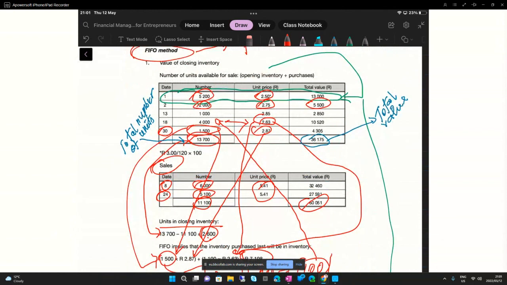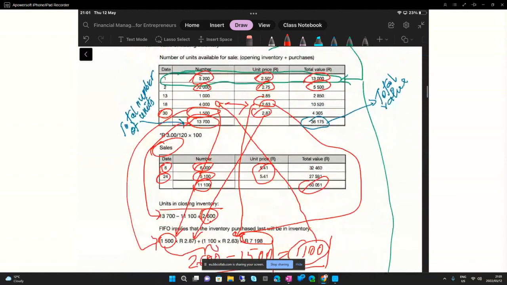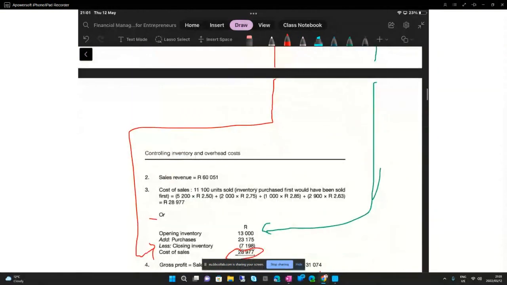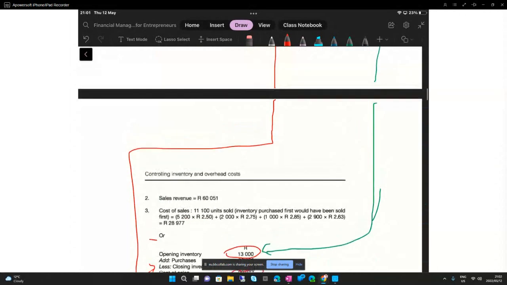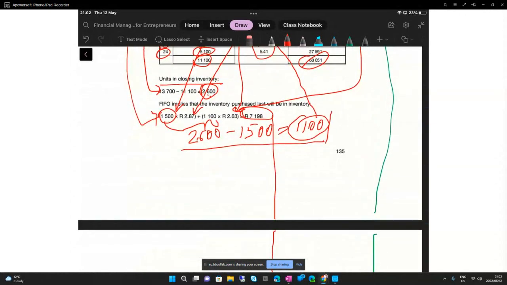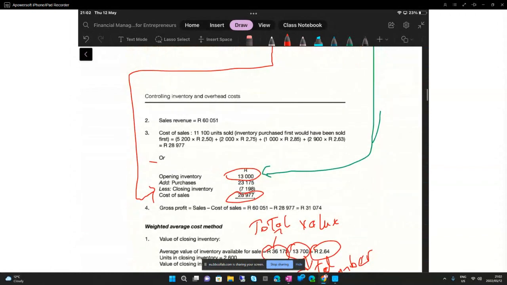Remember, these formulas were at the very beginning of the chapter, where we were looking at the opening inventory, which is 13,000 in value. The closing inventory, we know it now, it's 7,198, right?